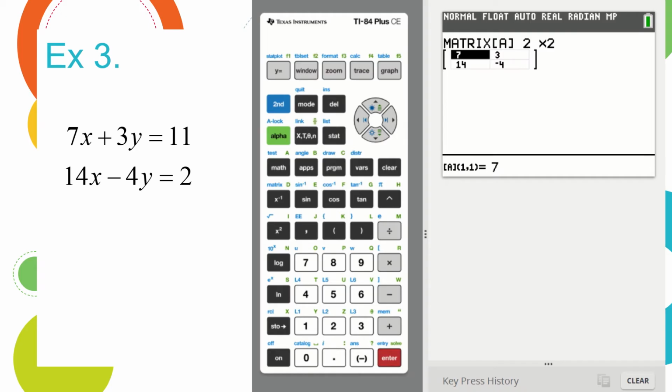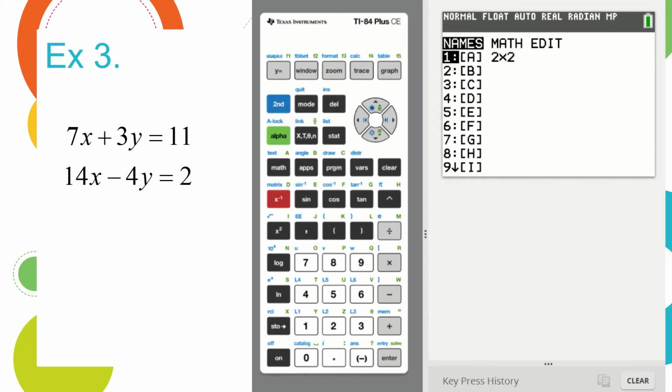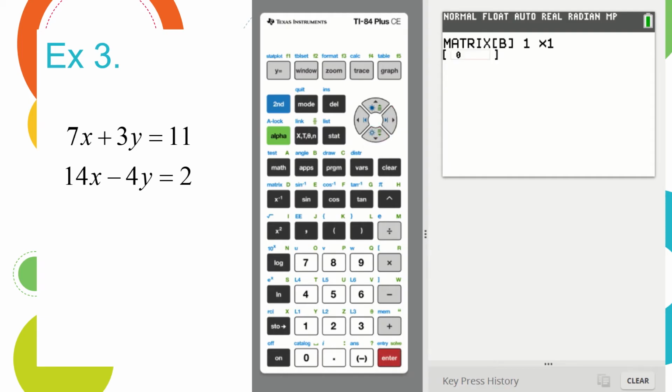Double check, looks good. Let's quit out of there. Let's repeat the process for the constant matrix. Second matrix, go over to edit, go down to pick a new one. We're going to pick B, and I'm going to have a 2 by 1. My constants are 11 and 2. Looks good. Second quit.